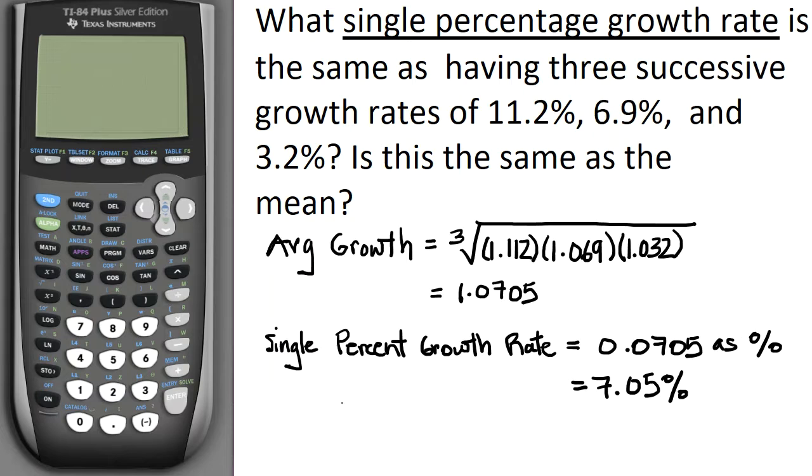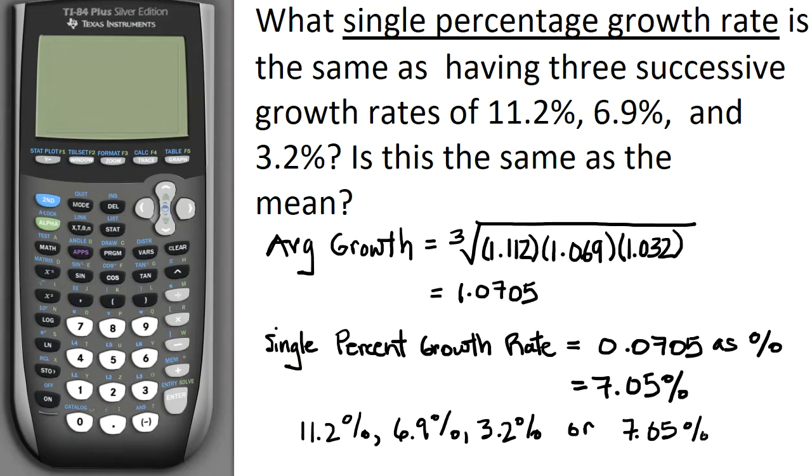So the single percentage growth rate means growing at 7.05% a year is the same as growing at 11.2% the first year, 6.9% the second year, and then 3.2% the third year. Or you could just say it's exactly the same as growing at 7.05% every year.